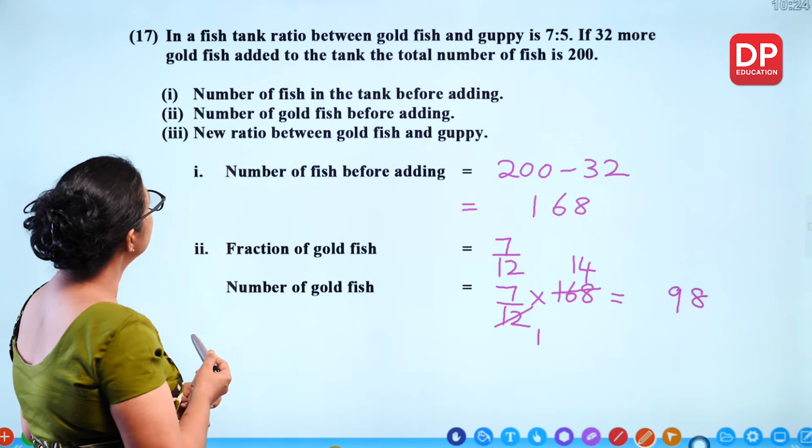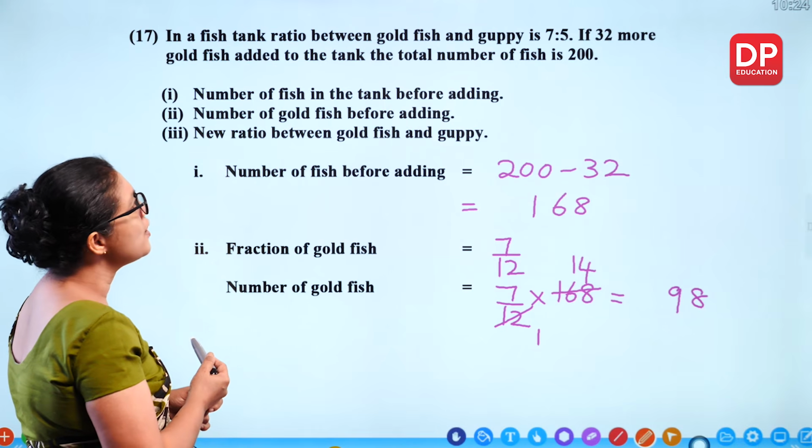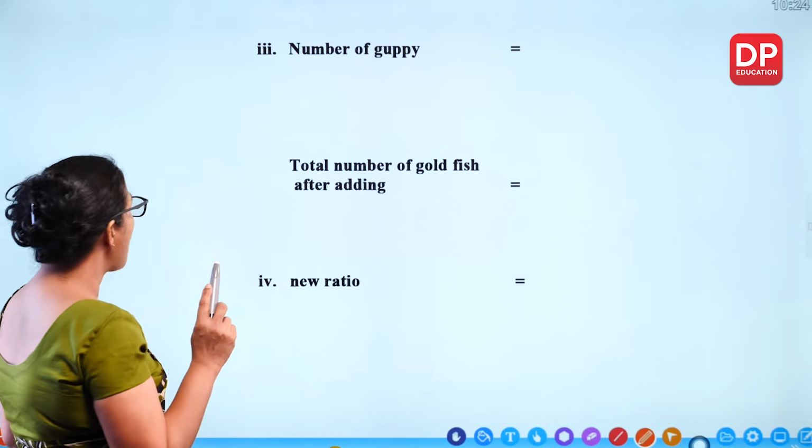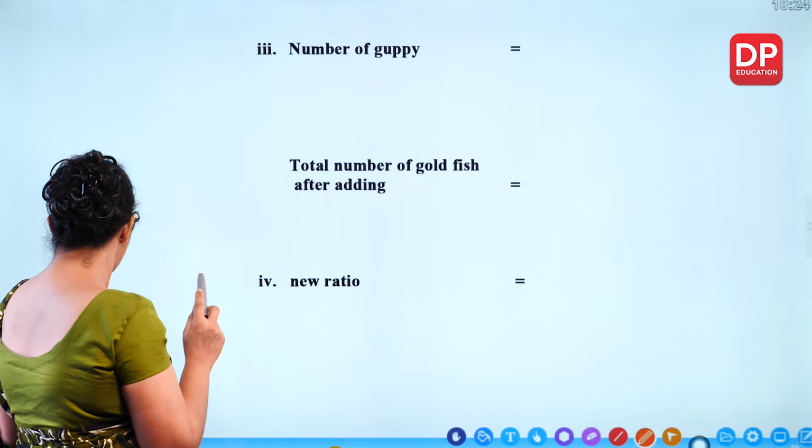Then the next part, the new ratio between goldfish and guppy. For that, we'll first find the number of guppy. How do you find the number of guppy?